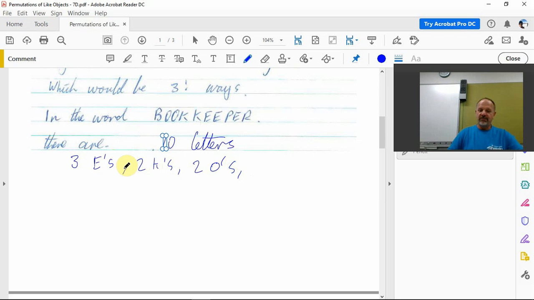So my number of permutations or arrangements would be the number of ways my 10 could be arranged. So the number of different arrangements.